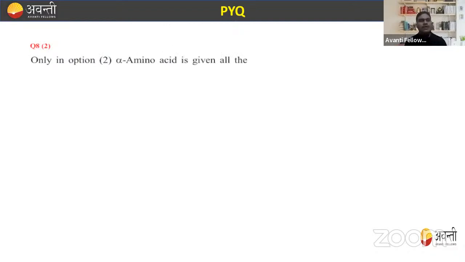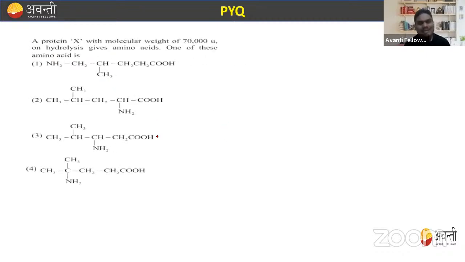So just observe, only in option 2, an alpha amino acid is given, right? Because in all the others, there is no alpha amino acid, and we know that protein is made up of only alpha amino acids. This is a very interesting and tricky type of question, because many students get confused about how to identify it, since a protein has a large structure and this much weight, so how can you predict which amino acid it is made up of?